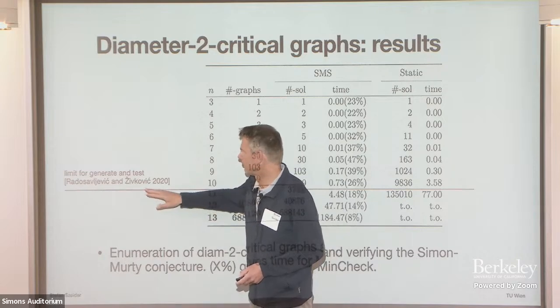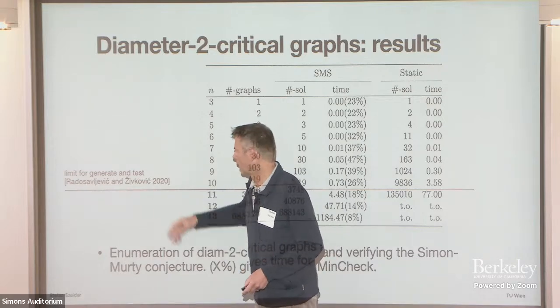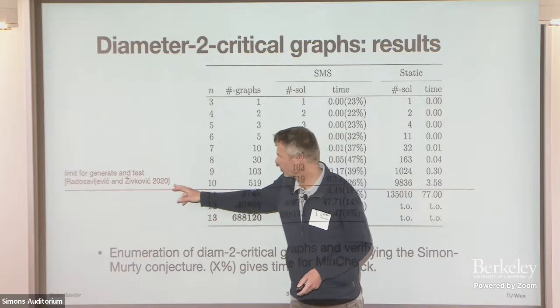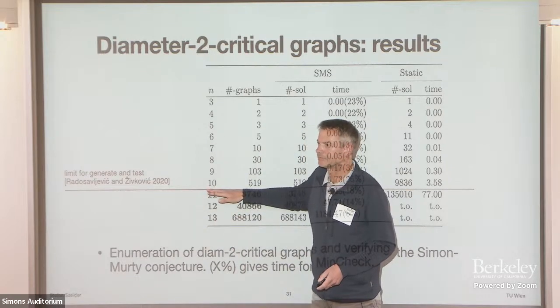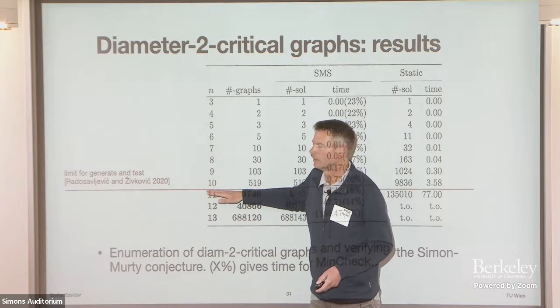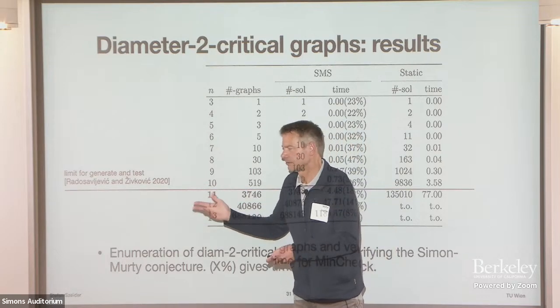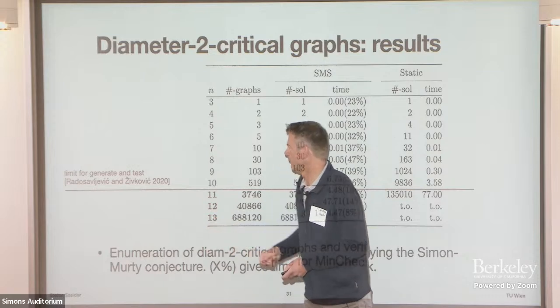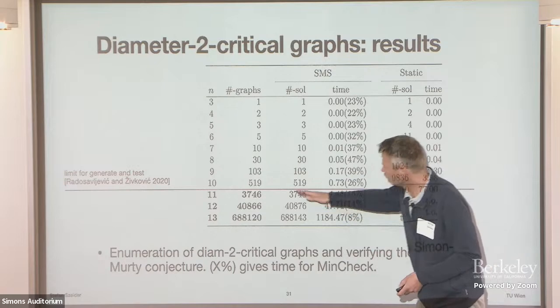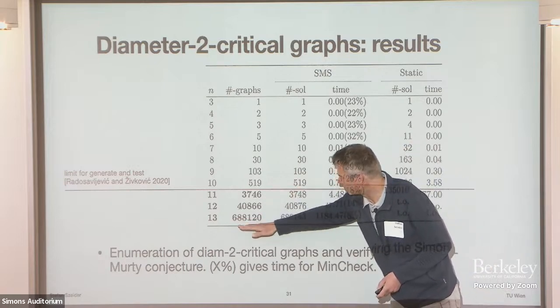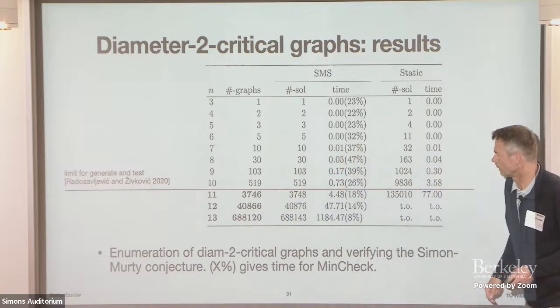This has been done with Nauty not too long ago. With Nauty, you can enumerate all graphs basically up to n vertices, and then you check whether each is diameter 2 critical or not. But now with SMS, we could enumerate all the diameter 2 critical graphs up to 13 vertices.